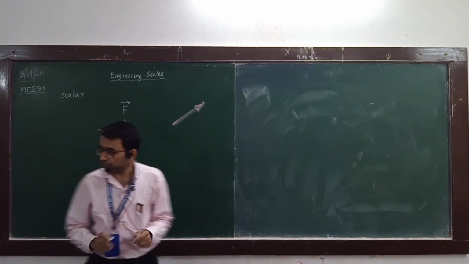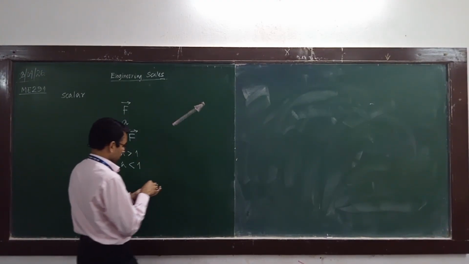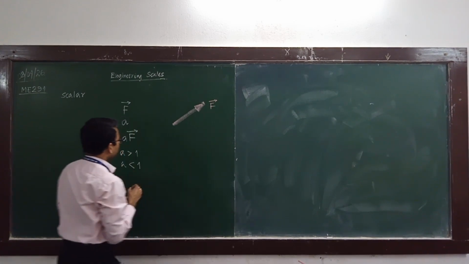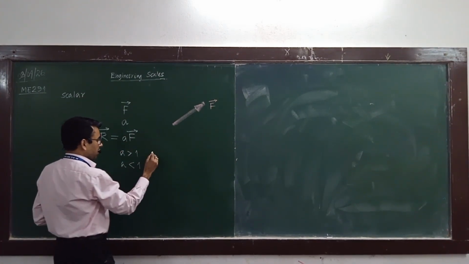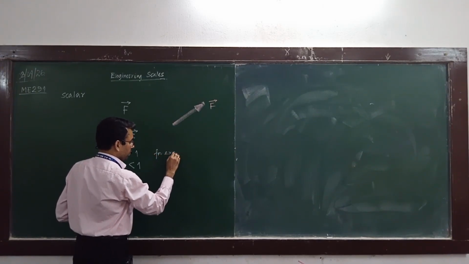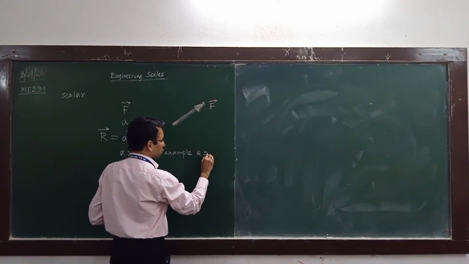Clear or not? This is F, and if a is equal to 2, what happens?